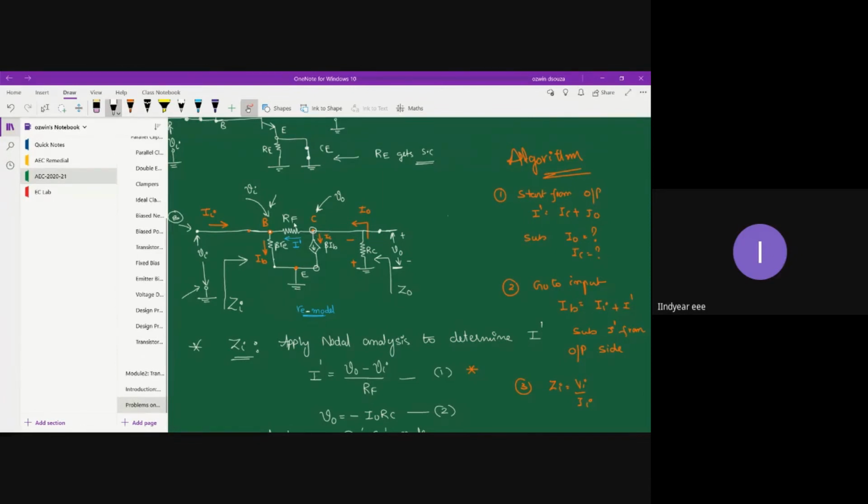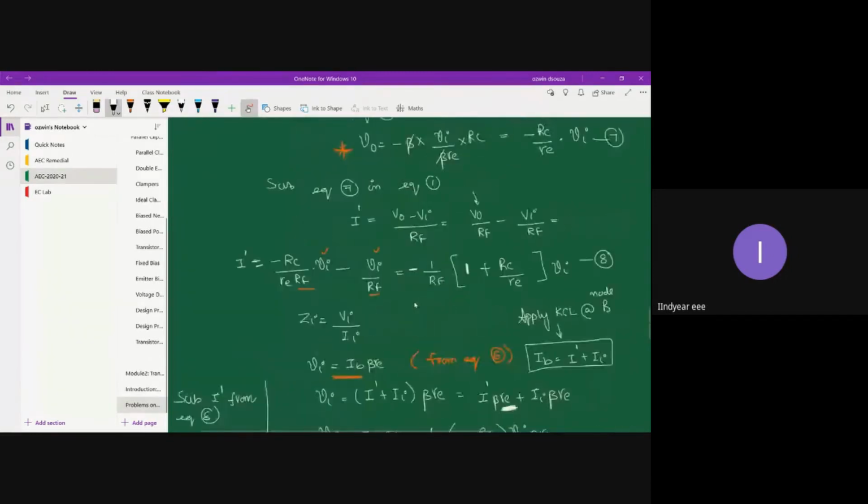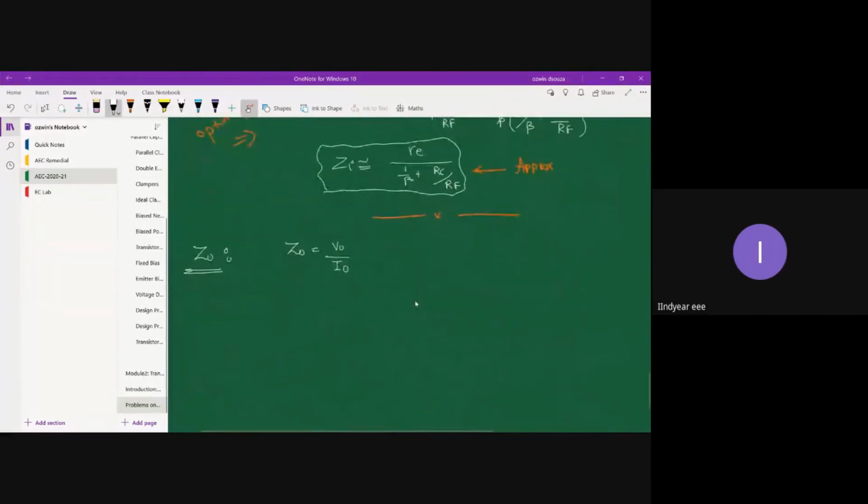You can see that RF is connected to the collector side, and to the same collector we also have a resistor RC. So directly you can't say Z0 is equal to RC. Instead you need to find Z0 through circuit analysis. I hope you understand why I'm not considering Z0 as RC: because to the same collector terminal we have resistor RF connected as well.